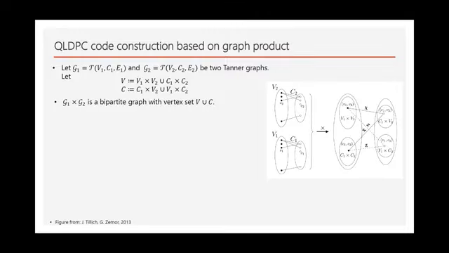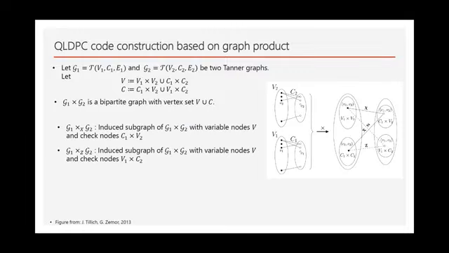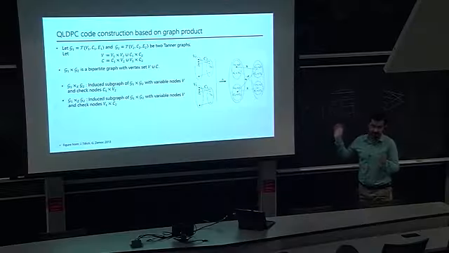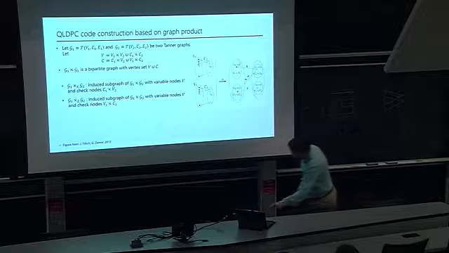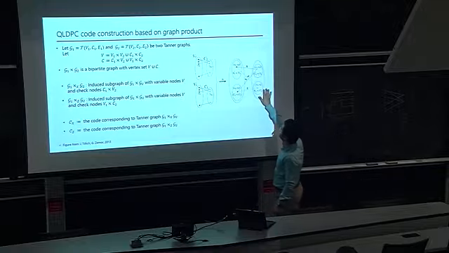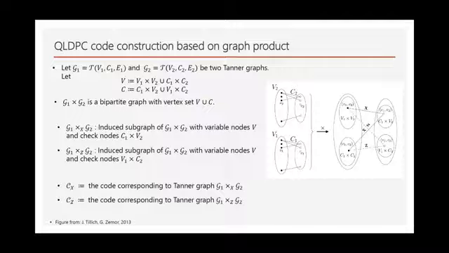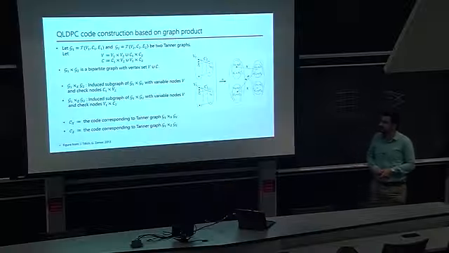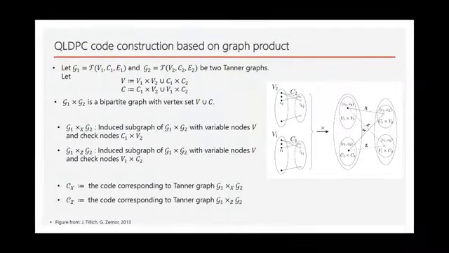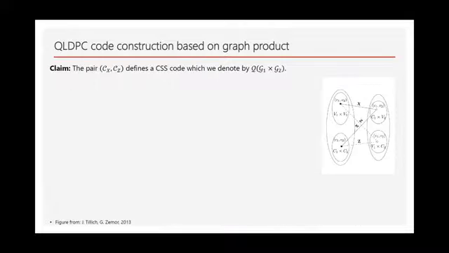If we look at the subgraph induced by these 3 subsets of the vertices, we can think of it as a Tanner graph corresponding to some linear code, which we call Cx. Similarly, the graph induced by the other subsets corresponds to some code Cz. And now the claim is that the pair Cx and Cz define a CSS code.